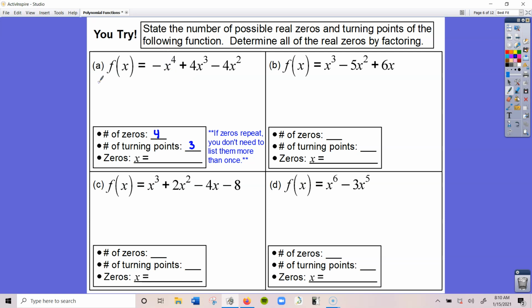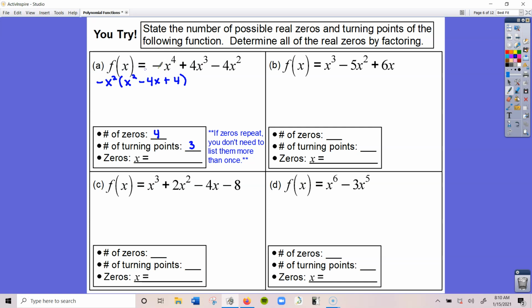So we're going to factor out a negative x squared. And when I do that, this becomes a positive x squared minus 4x plus 4. So this is how we would factor that negative x squared. And notice that all of the signs changed because I factored out that negative.